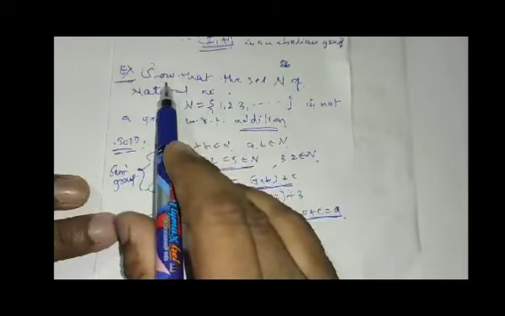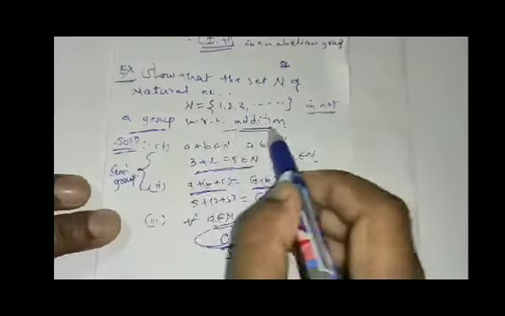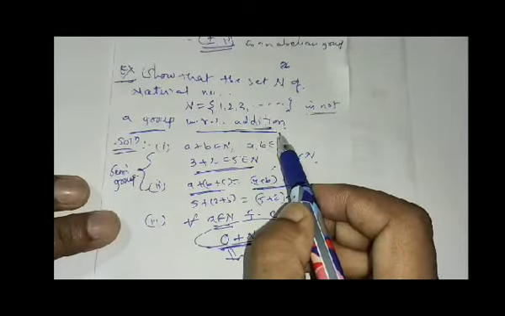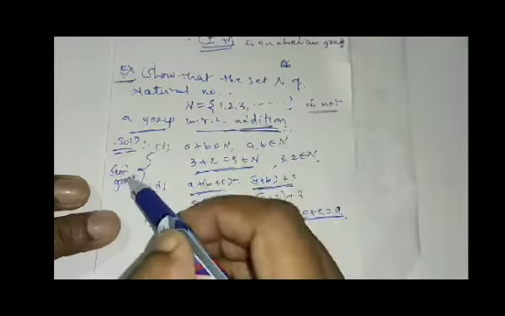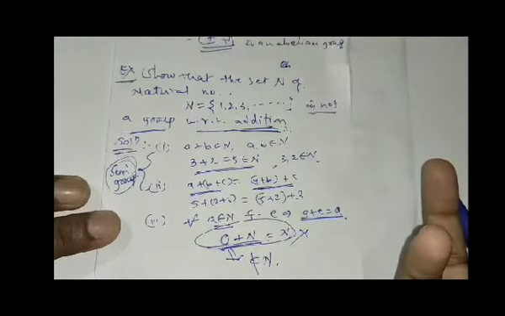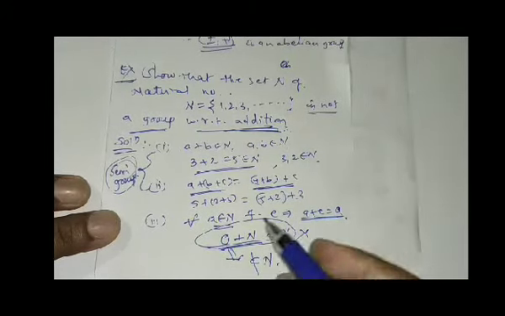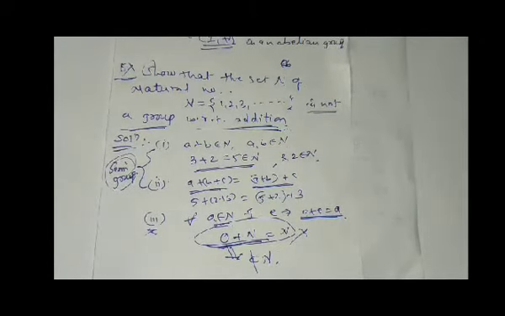Our problem is to show that the set N of natural numbers is not a group with respect to addition. We have to show this. There is no question of semi-group here, but since 2 conditions are satisfied, we say it is a semi-group. Here the third condition is not satisfied, that means the third postulate is not satisfied by the set of natural numbers, and therefore this set is not a group.